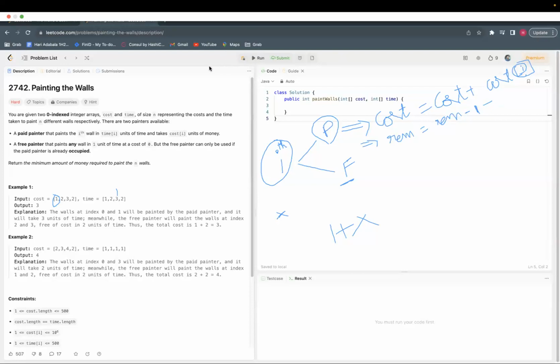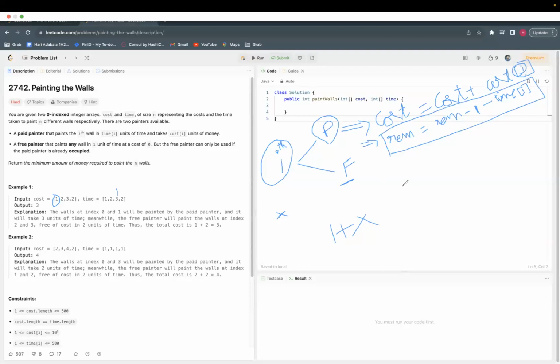So that many units of time this paid painter will take to paint this. Yeah, this will be our intuition to solve this problem.